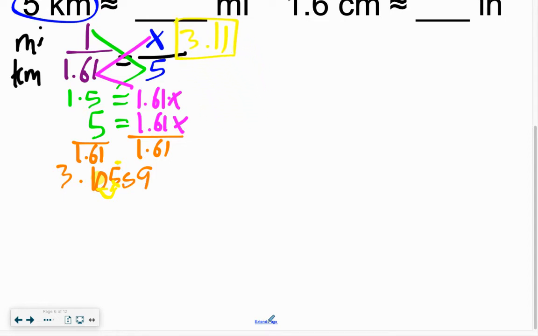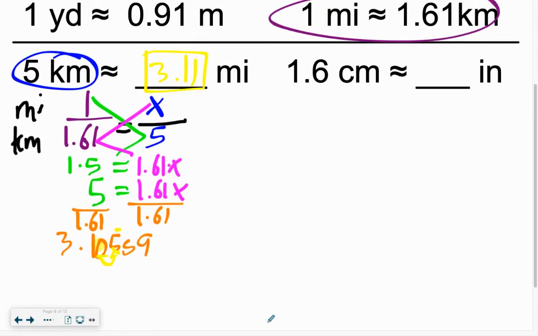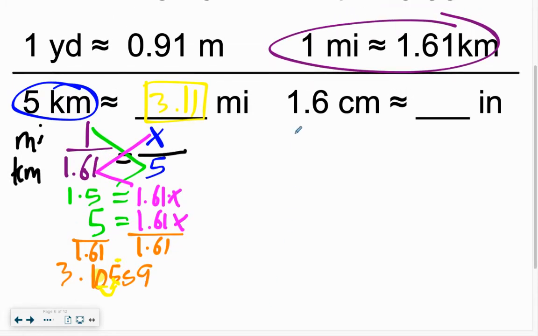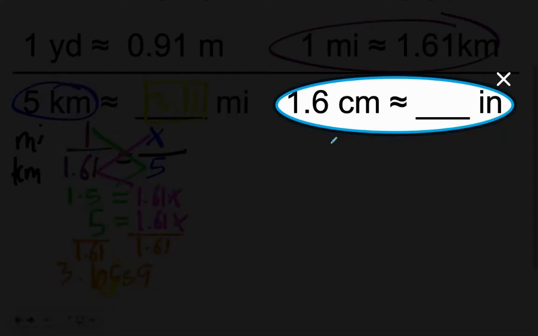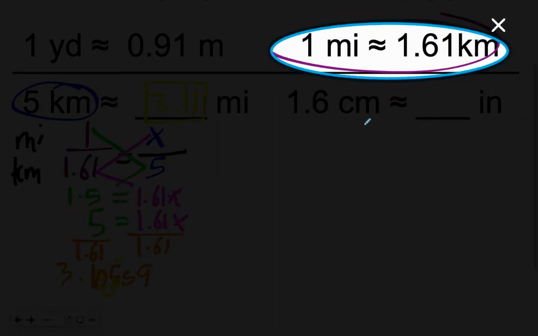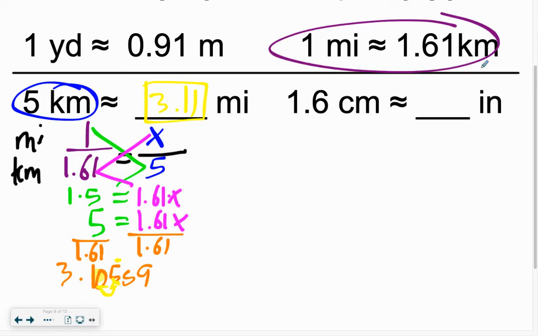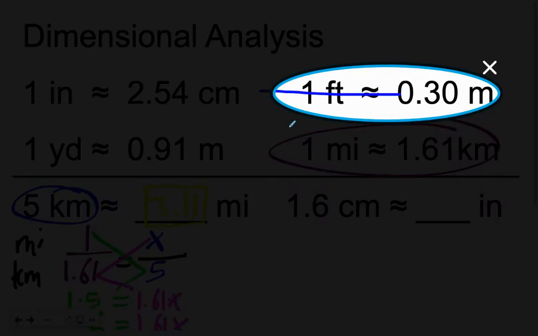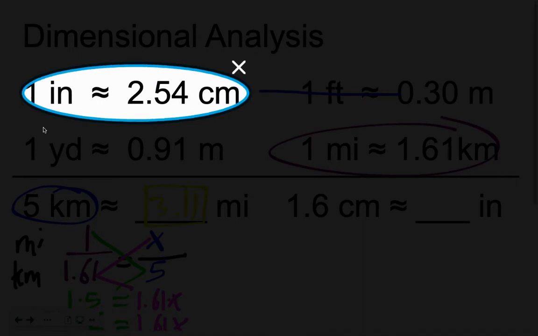And you can always just put that right up there in the blank because then it already has your label with it. Staying on this slide, we can do another one here where now we've got another example where we got 1.6 centimeters and inches. So now go back up. Centimeters and inches? No. We got centimeters and inches here on the top right? No. Over here, do we have it on the top left? Centimeters and inches? Aha! We do.